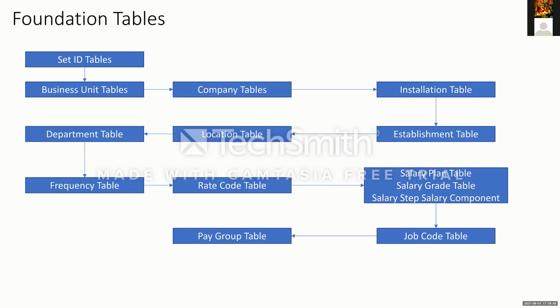Now since it is an HCM system, we are talking about HR and manager. Suppose I am an employee and I have a manager, and there is HR as well. In the same page, the manager will be able to see certain fields.